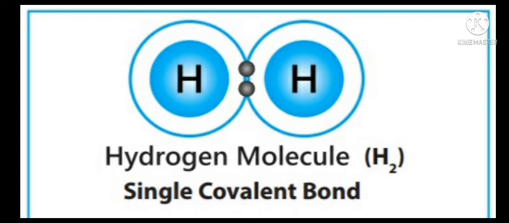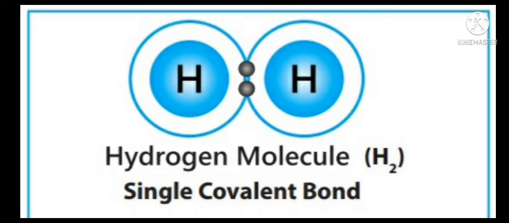Consider hydrogen molecule. Whenever two hydrogen atoms combine together, it forms a hydrogen molecule. Hydrogen has atomic number 1. Here each hydrogen atom has one valence electron.